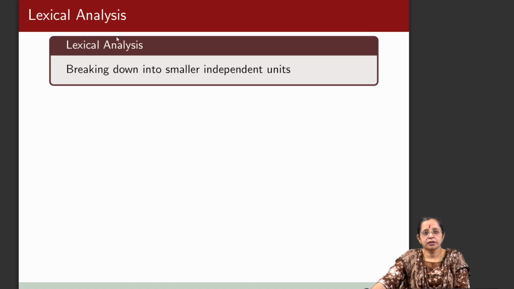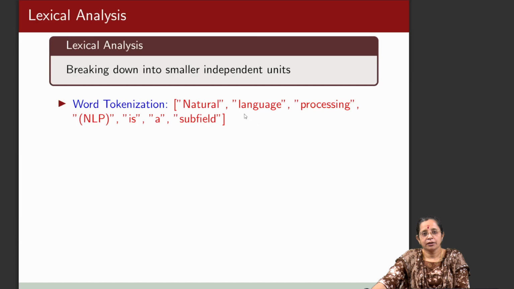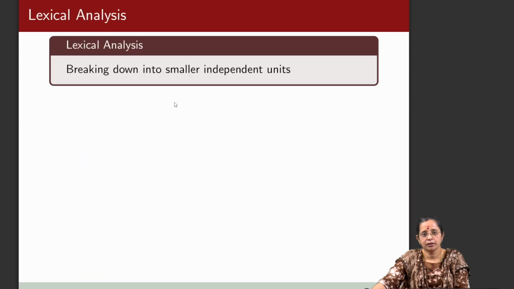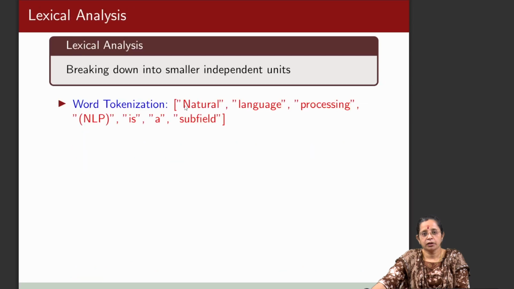The second step is the lexical analysis. Lexical is breaking down into smaller independent units. We will take the same example. This is the starting input sentence that we are having. So after breaking into smaller units, we have natural, language, processing, is, a, subfield. And this is word tokenization.